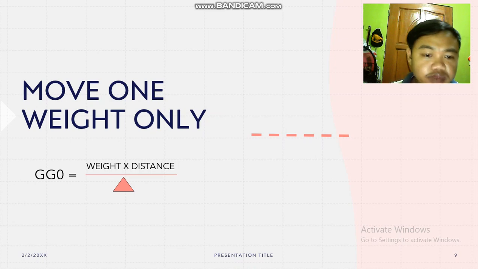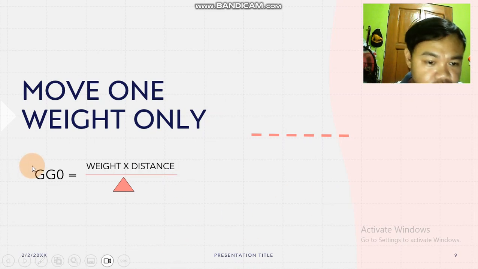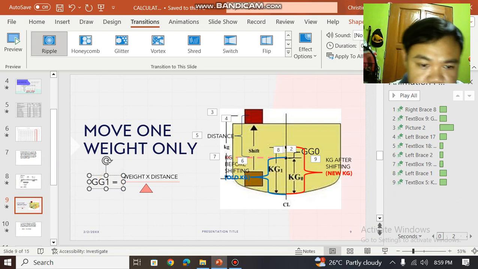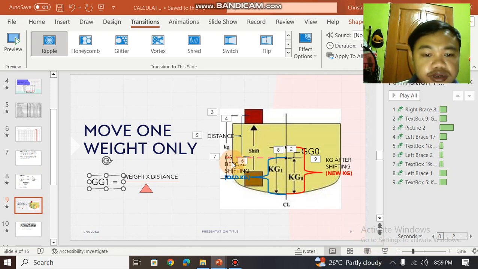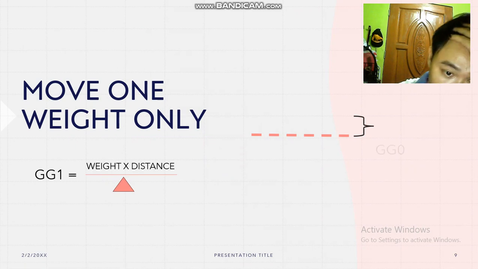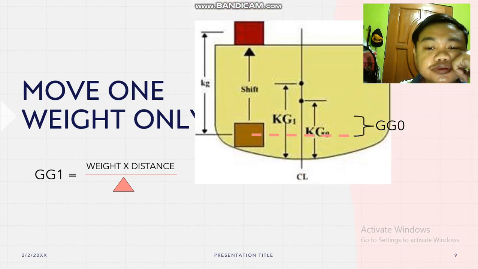So we have the formula GG1, this is GG1, it's not GG0. Let me change this, GG1. Okay, so just save. So we have GG1 equals weight times distance divided by displacement.